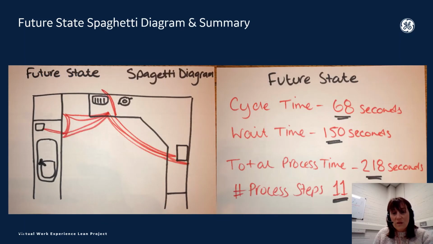And you can really see from my spaghetti diagram that I've really reduced my movement around my kitchen. And by remeasuring the times it takes me to do my tasks and my wait time, I have reduced my process time, not quite by 50%, but I think I was 408 seconds initially in my current state, and now I'm 218 seconds.